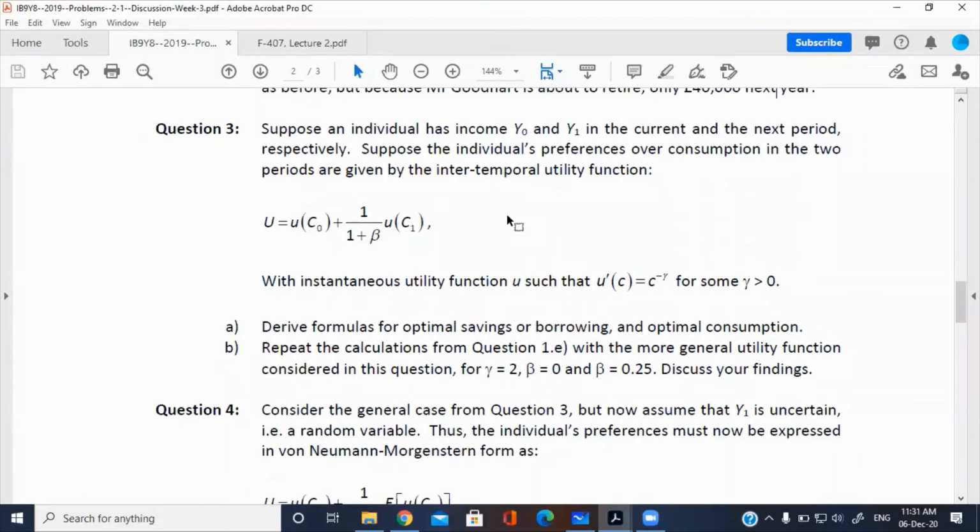Here the utility function looks like this. Then with instantaneous utility function U such that the first derivative of utility of consumption is C to the power minus gamma, for some gamma greater than 0.